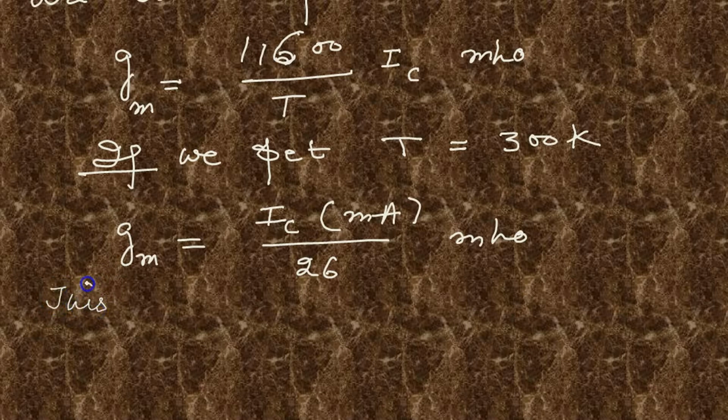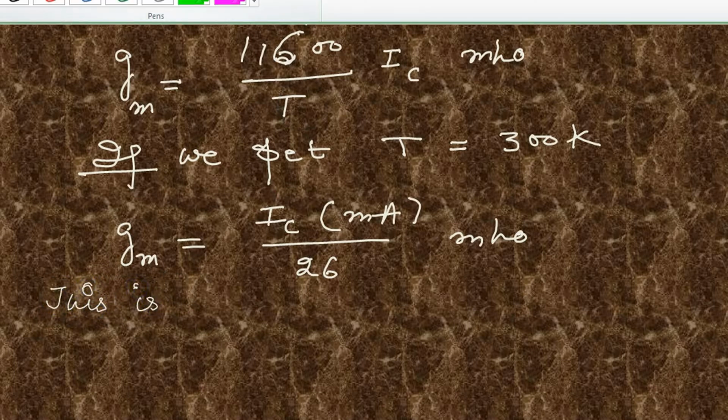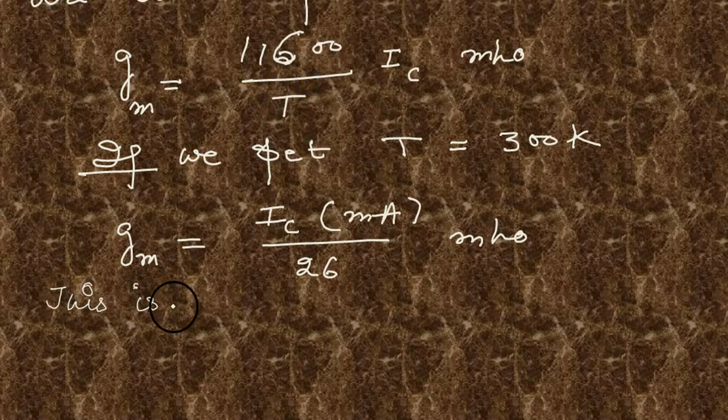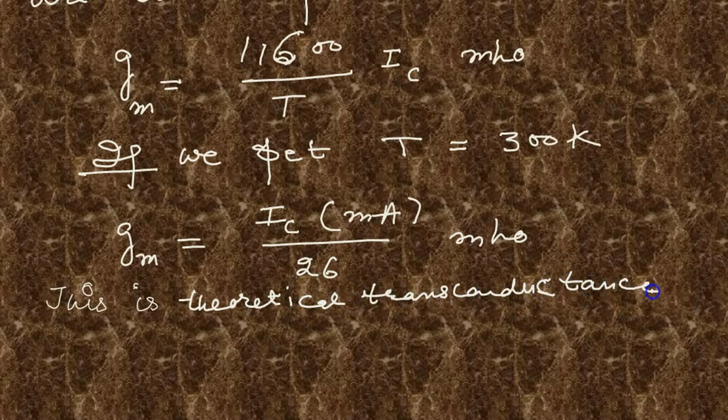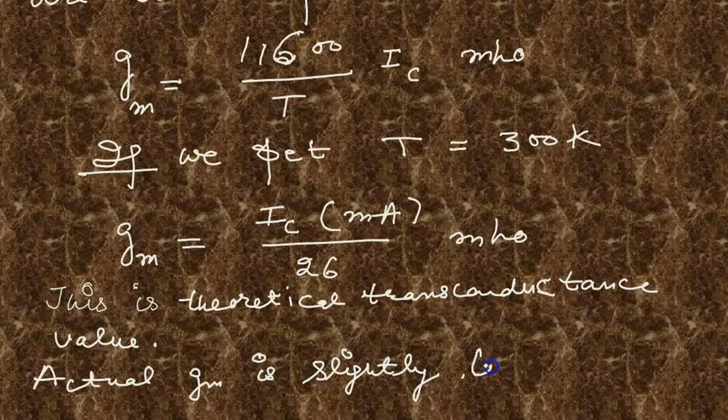So this is the expression of GM. So GM is directly proportional to the collector current. This is the theoretical value. The actual value of GM is slightly less. Why less? This is a task for you. You think over it.